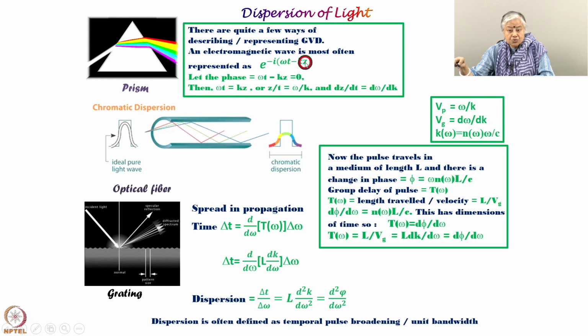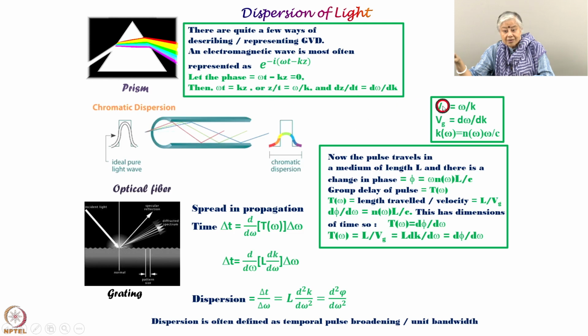What is inside this bracket is called the phase. Let the phase remain constant, or you can say it has remained 0. So, omega t minus kz is equal to 0. Then z by t is equal to omega by k, just from here. Distance divided by time is the velocity.